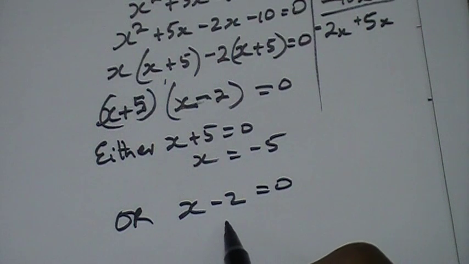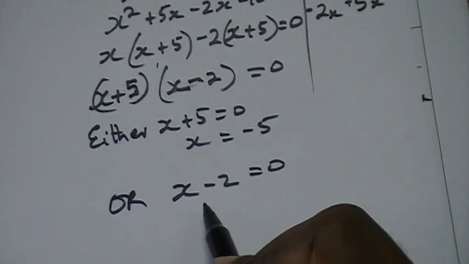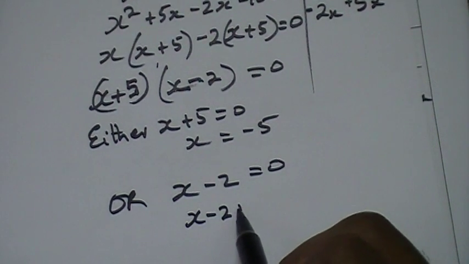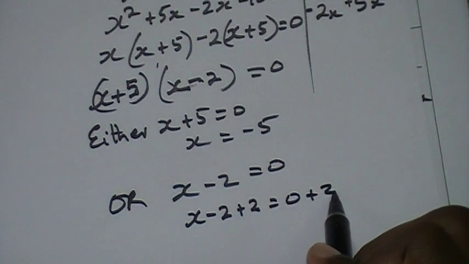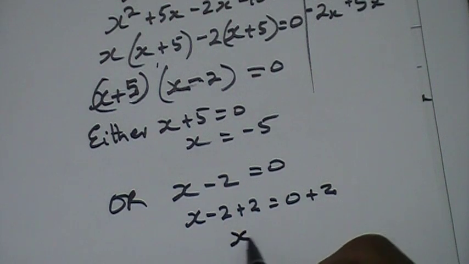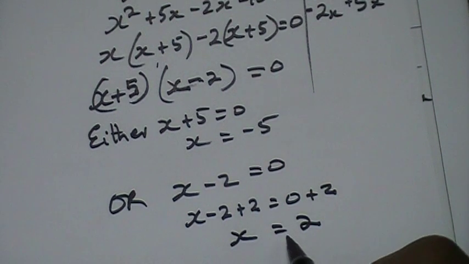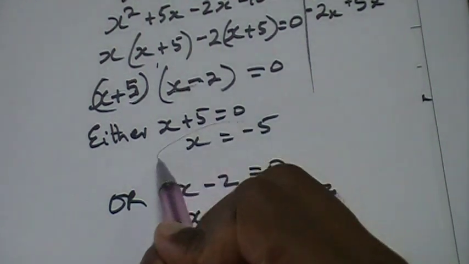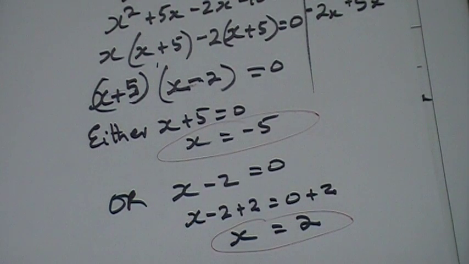Adding 2 to both sides. Let's show how we add this. Add 2 to this side, add 2 to this side. Just showing it here, but we could have done it in our minds. These two will cancel, give us x, and we end up with 2. So the two solutions: x equals negative 5 or x equals 2.